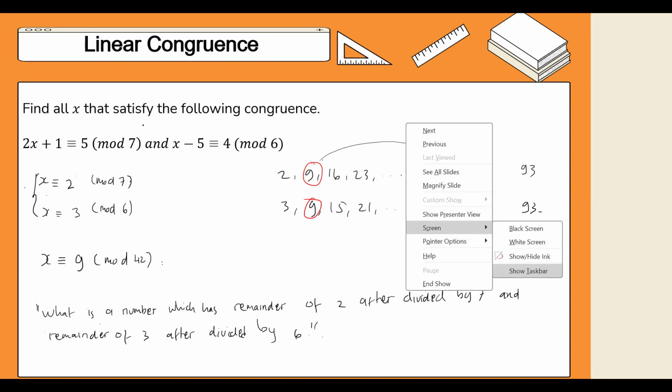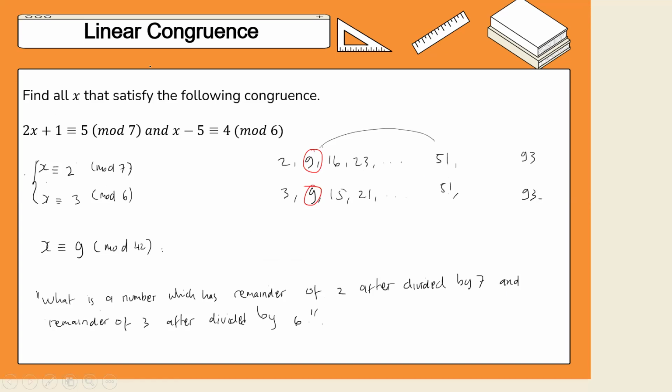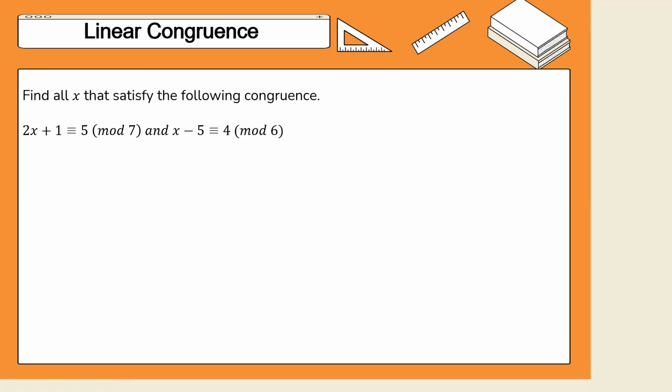Okay. Now, x congruent to 2 modulo 7, x congruent to 3 modulo 6. The idea is here. You have to write it like this.